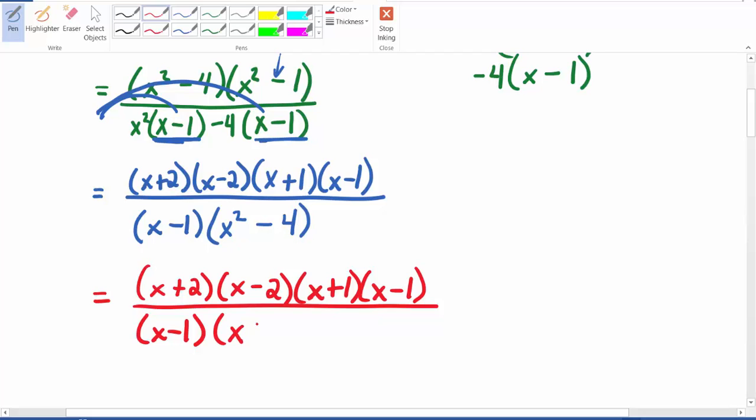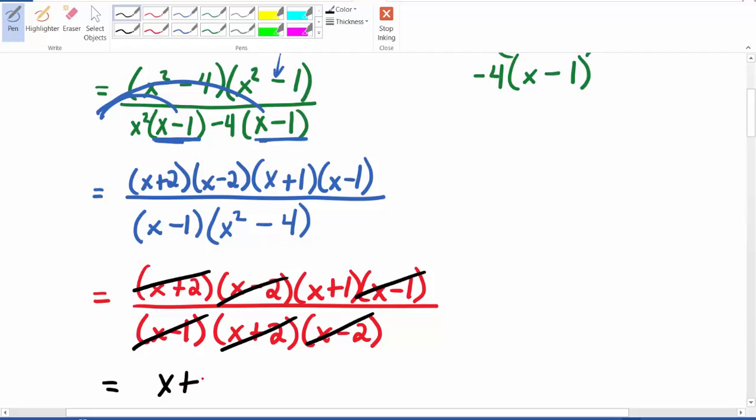So that's x plus 2 times x minus 2. And now we can start canceling things off. The x plus 2's can drop out, x minus 2's can drop out, x minus 1's can drop out. And the only thing that we're left with is that x plus 1 on top. Notice it is on top as well. There's nothing left on the bottom. So our final answer just comes out to be x plus 1.